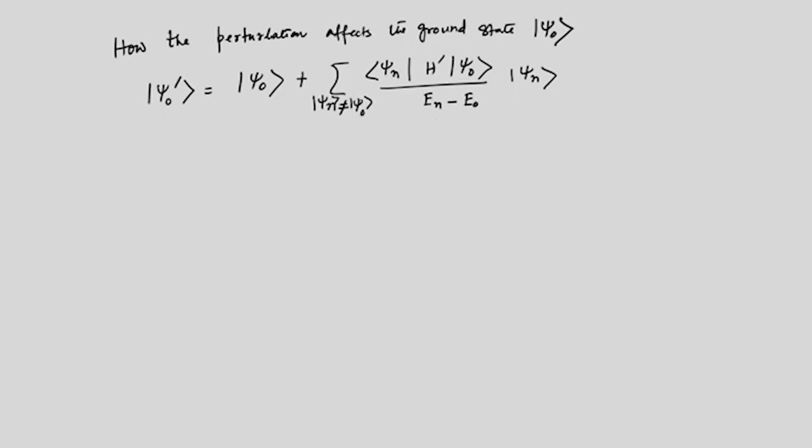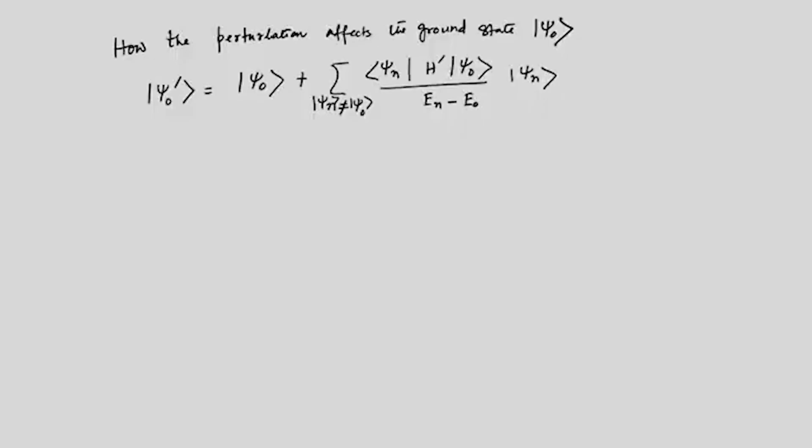So, we are careful in not dealing with degenerate systems, and make sure that H prime really promotes the system from the ground state to one of the low lying excited states. So, this is the expression for psi 0 prime, which is a new ground state because of this perturbation. This is the first order correction.